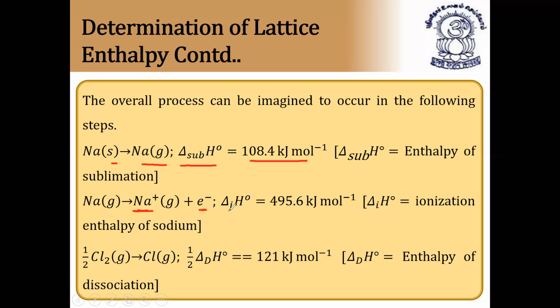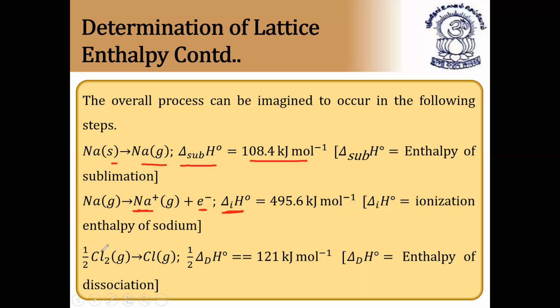This is called enthalpy of ionization, because it is the amount of energy required to remove the valence electron of a neutral gas atom. It shows it is endothermic. So the energy required to remove the valence electron from a neutral gas atom is called ionization enthalpy of sodium.